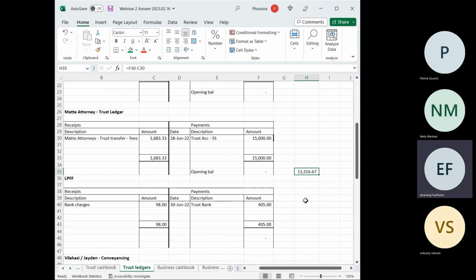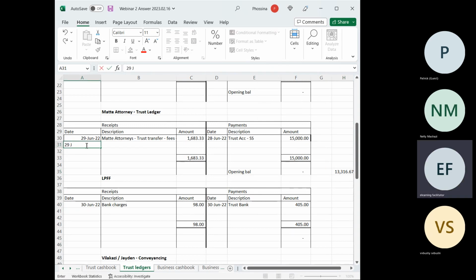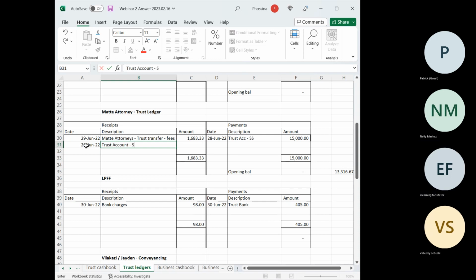We are paying them 13,316.67 for the collection that we have done on their behalf. 29 June 2022. So from our trust account, this is the settlement that we are doing to them.